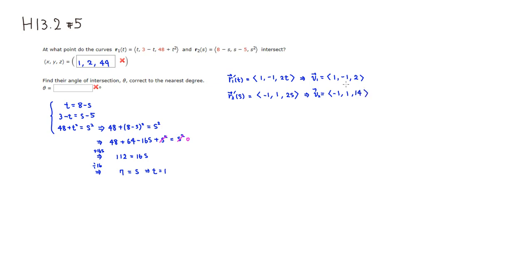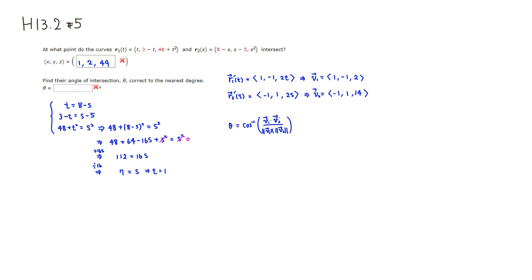So we need to compute the angle theta, which is going to be arc cosine of the dot product between v1 and v2, divided by the magnitude of v1 and also the magnitude of v2.